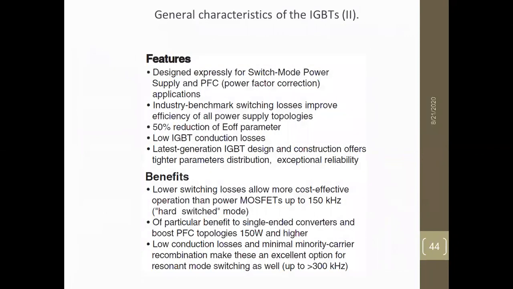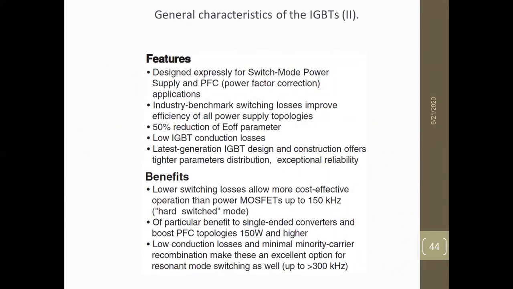Next, what are the characteristics of the IGBT? General characteristics are nothing but features, and what are the advantages of this IGBT? These features are designed expressly for switched mode supply and power factor correction applications, that is, switched mode power supplies and also power factor correction purposes.